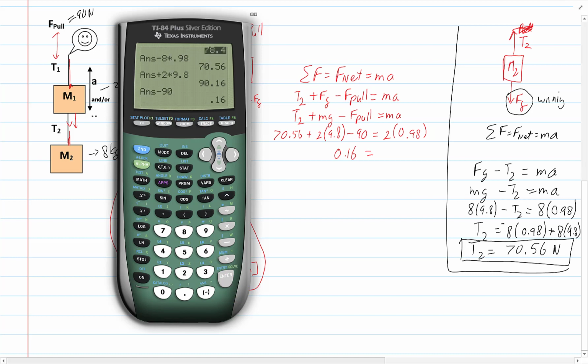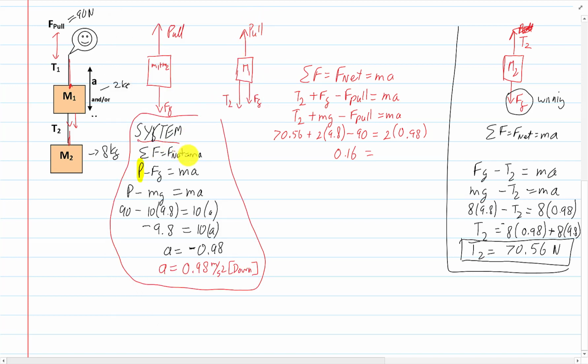Okay, let's see if I can find a mistake here. Let's start from the beginning. This is 98. 90 minus 98 is negative 8.